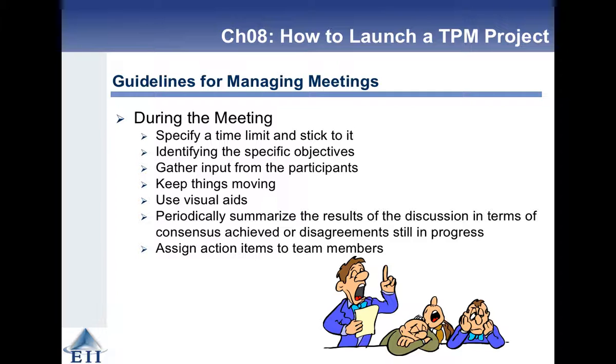Use visual aids if you can: graphs, images, whatever helps the situation. As you go through the meeting, summarize what the results of the discussion were. Don't wait until the end to do it. At the end, you should go through a list of the action items, but summarize as you go, particularly if there's more than one item on the agenda.